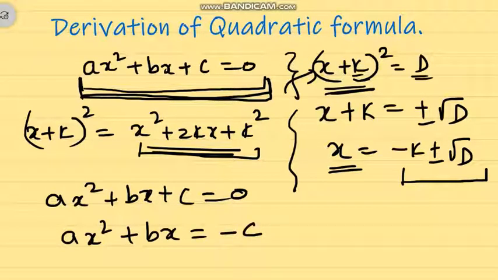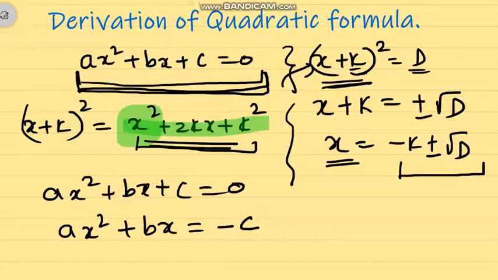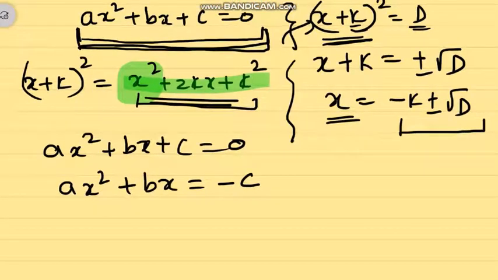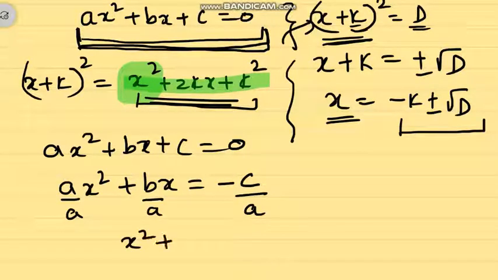Since in x square plus 2kx plus k square you don't have any variable with x square, we will just divide this whole equation by a. So see what you will get: x square plus b by a x equal to minus c by a.